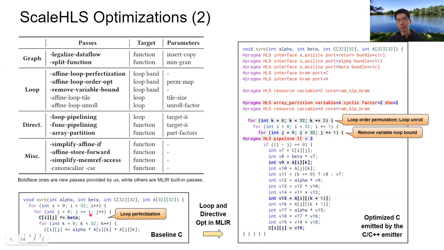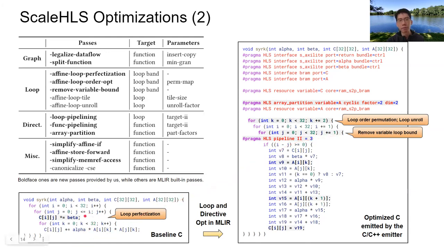The loop bound is I. And for now, the MLIR infrastructure is focused on the constant loop bound and on rectangular loops for optimization. So here we provide such a remove variable bound pass to try to remove those variable loop bounds.